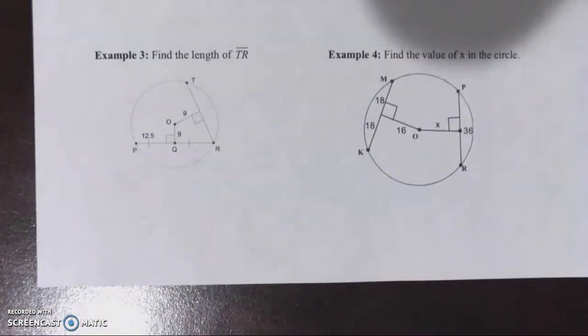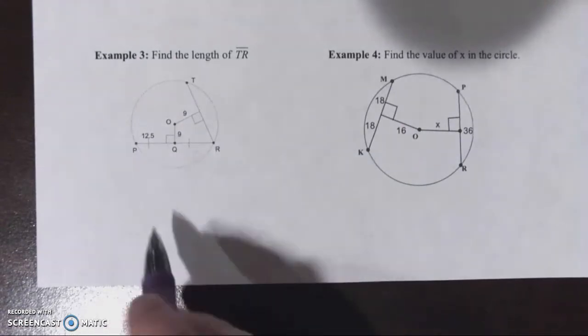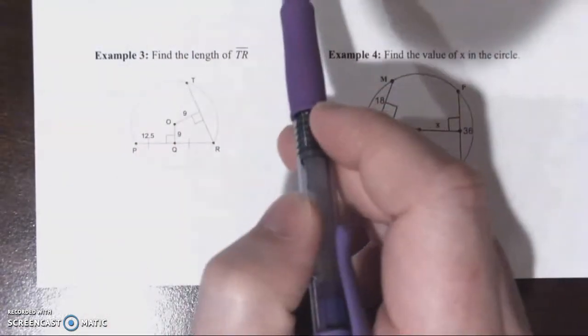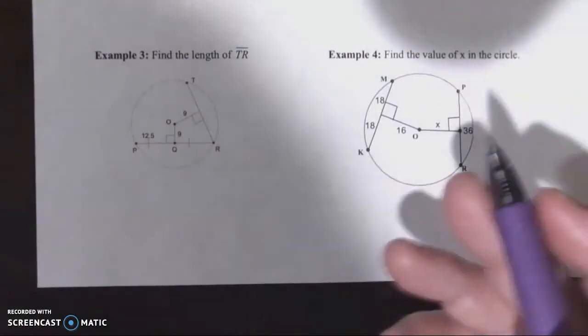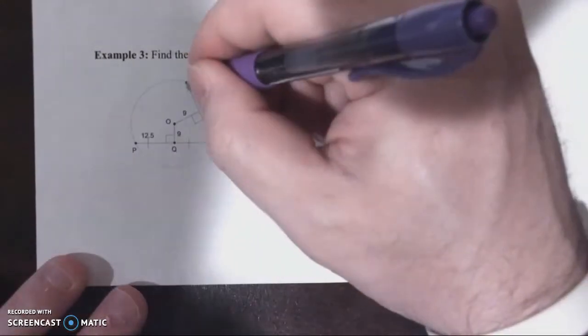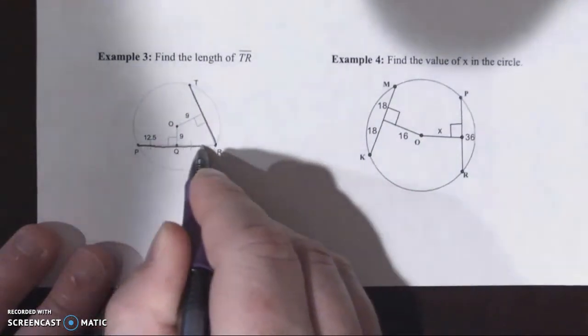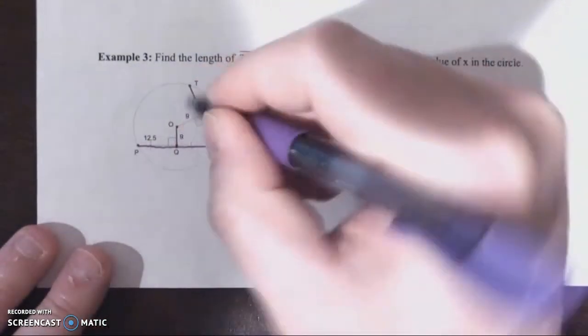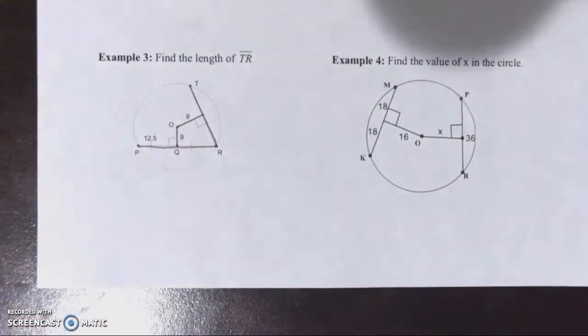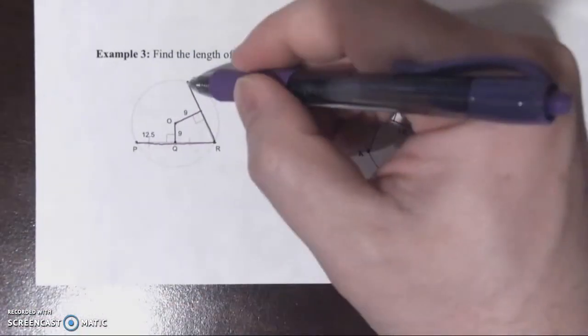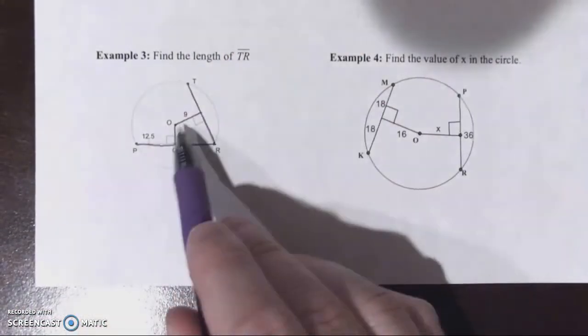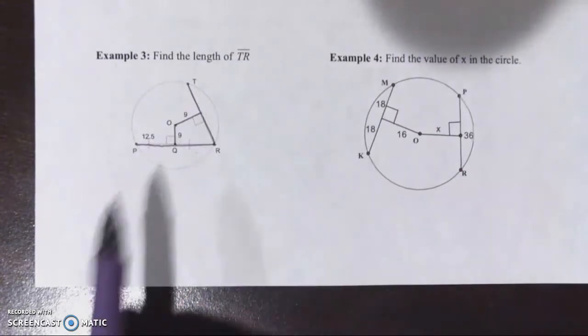Okay? Let's see where this would take place in a couple examples. Find the length of TR. So example 3 deals with both of these things. Let's talk about what we see in this diagram. I see one chord, I see two chords, and I also see that those two chords are the same distance from the center. I see that segment TR is a distance of 9 from the center.